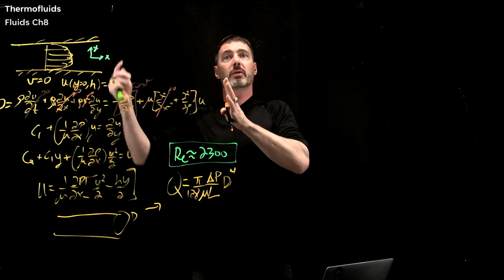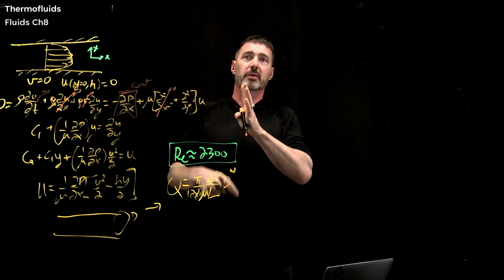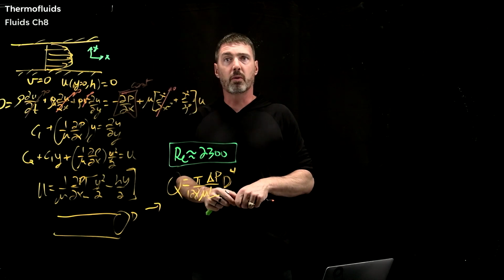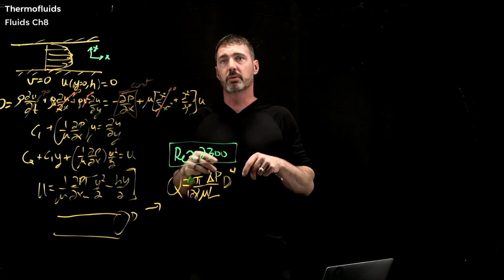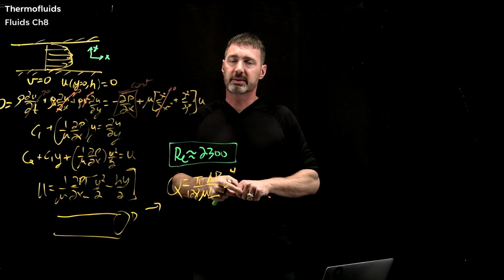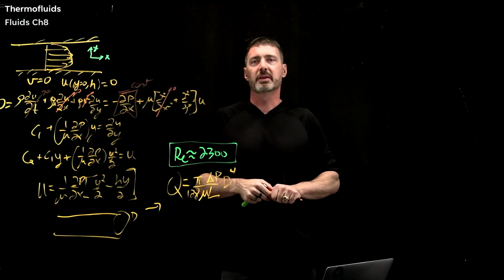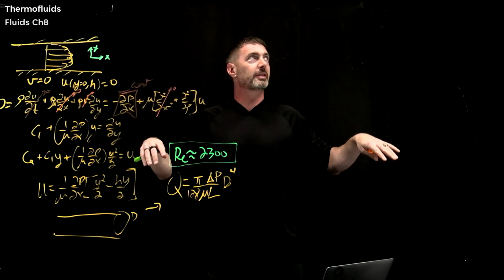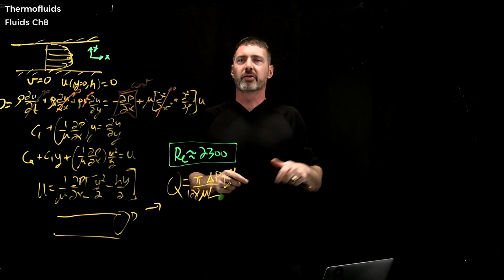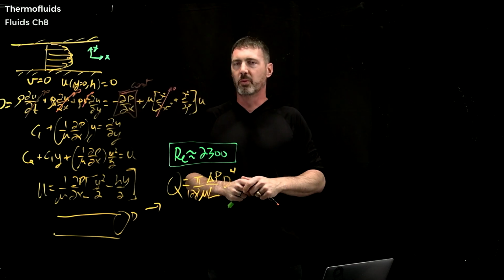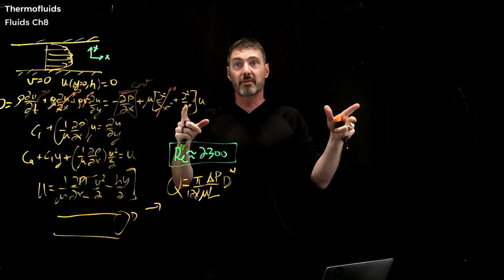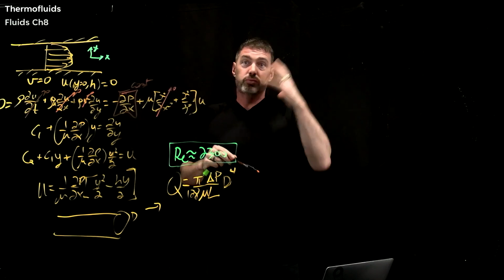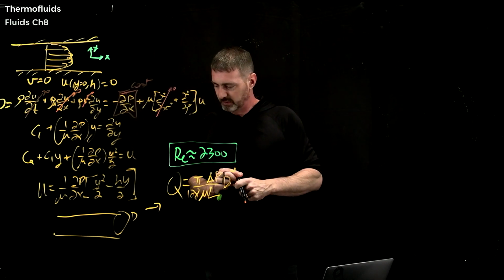So below it, the tickle decays exponentially, and above that critical number, the tickle grows. You don't have that in polar cylindrical coordinates when you solve this thing. It's actually stable to infinitesimal disturbances. And so in fact, there's some really cool experiments that have been done around the world where if you really isolate a pipe and keep all the vibrations and turn off the fans and all that, there's some people that have gotten some really cool visualizations of laminar flow at a really high Reynolds number, and then you flick the pipe and boom, it goes turbulent. So pretty cool stuff.